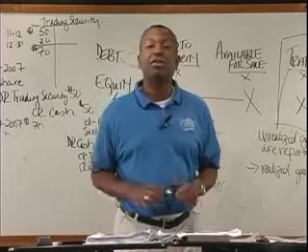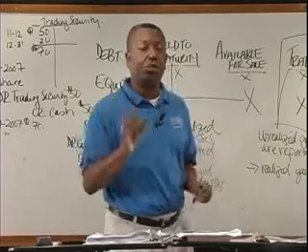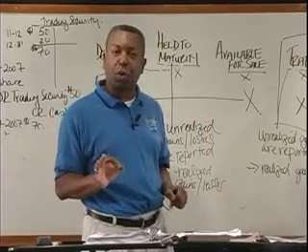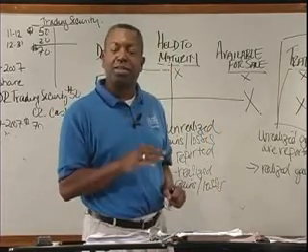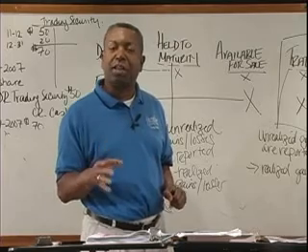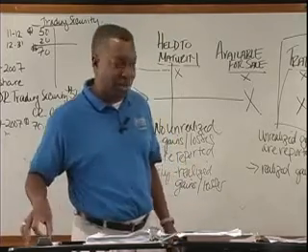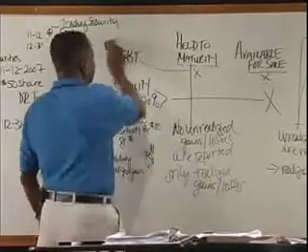All right, so here's what I mean by this example. I'm going to use the same example as I did before for a trading security, but now I'm going to call it an available for sale security. Okay? So I'm going to erase this.